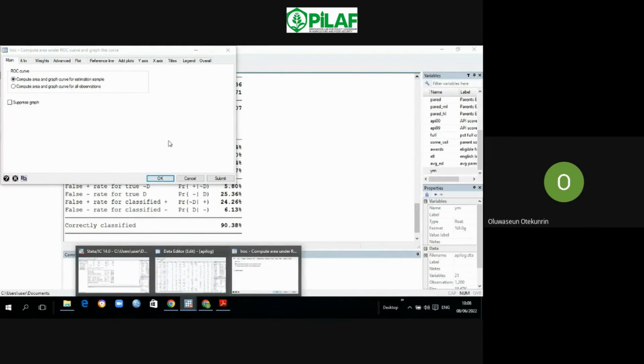So under main, you see ROC curve. Then the first bullet there, you check it: compute area and graph curve for estimation sample. You click submit.